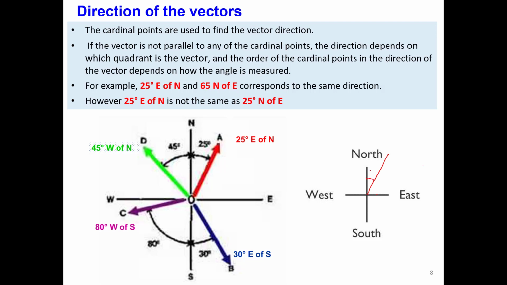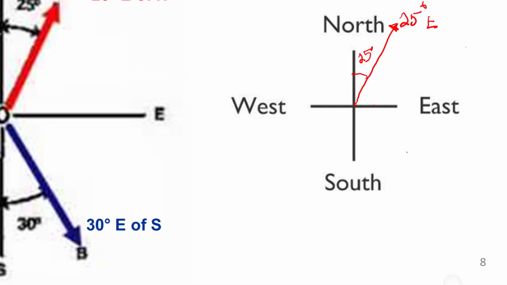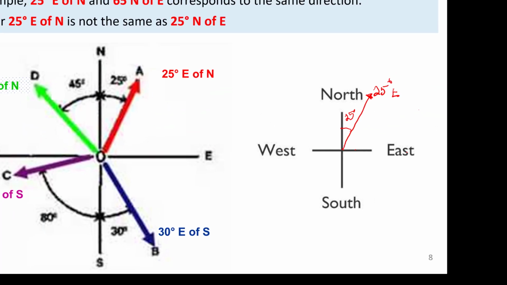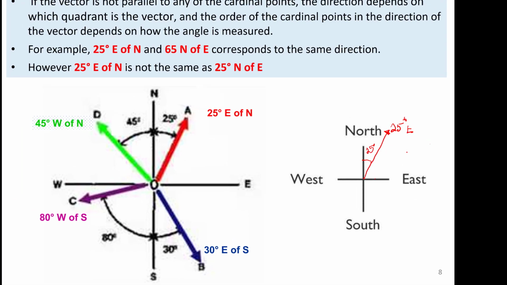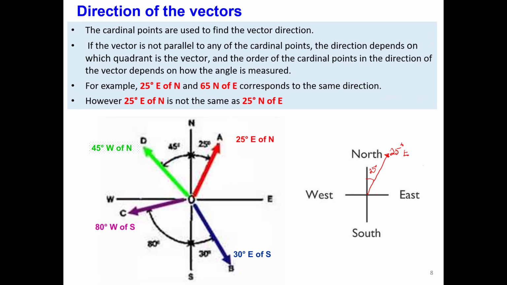And this corresponds to 25 degrees east of north. But 25 north of east corresponds to some vector like that.